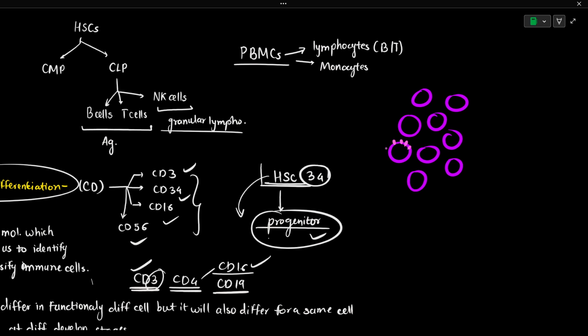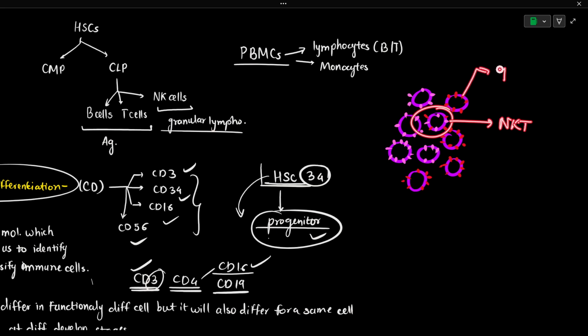So a few cells are expressing those particular CD molecules, and a few other cells are expressing other molecules. Okay, but then there are a few cells in this particular population which express both of those markers, and this particular subtype is known as NKT cells.